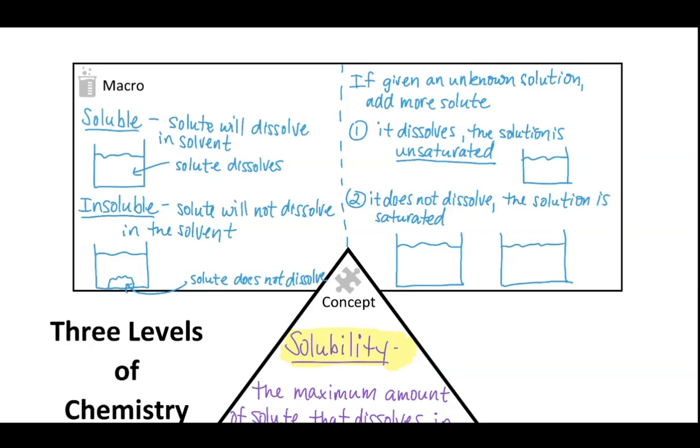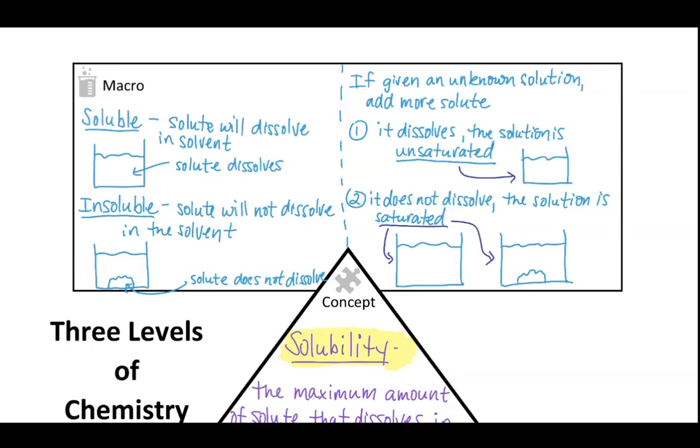Or we could add more solute to a solution that is already saturated, and maybe we're going to wind up with a puddle or a pile of solute at the bottom. So I'm going to relabel these. This is again unsaturated. Both of these pictures here are going to represent a macroscopic version of a saturated solution.